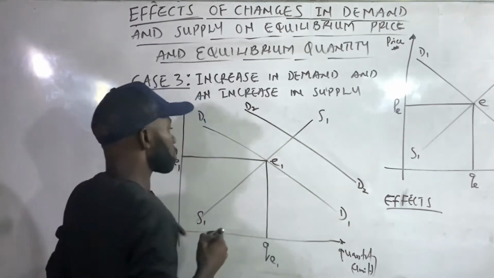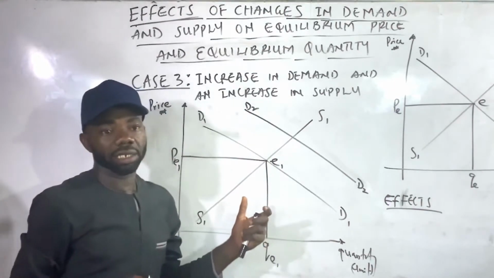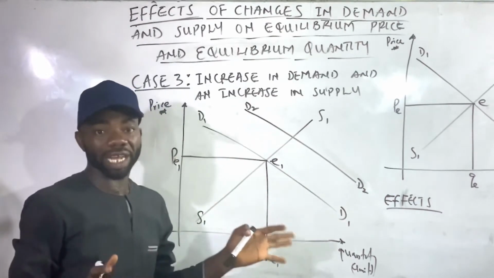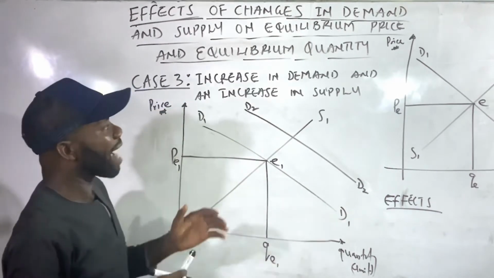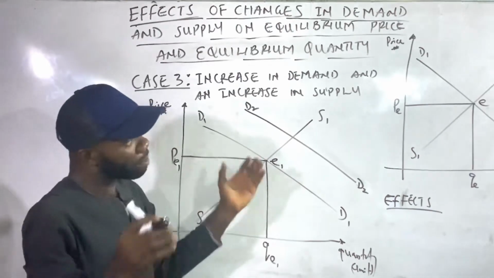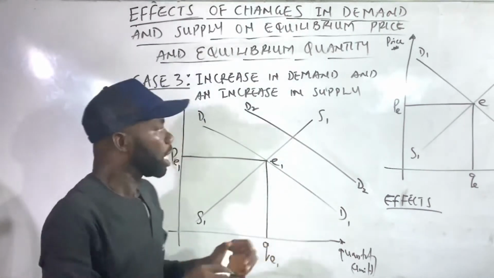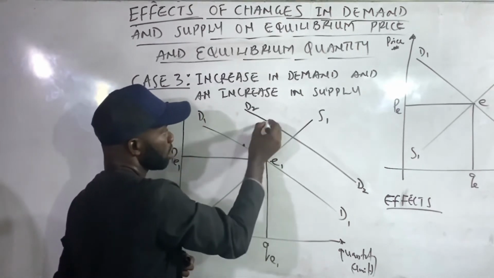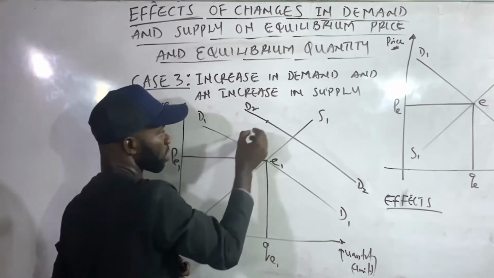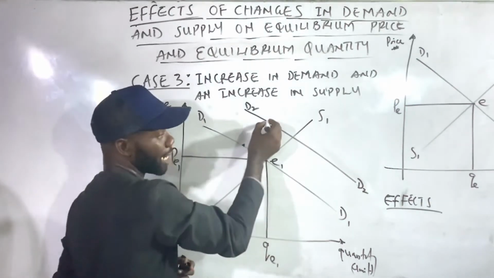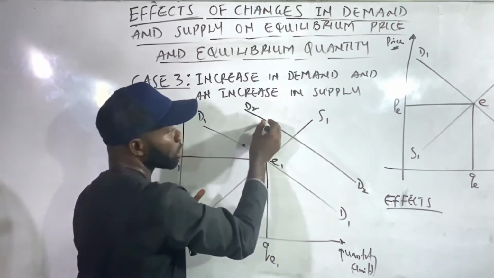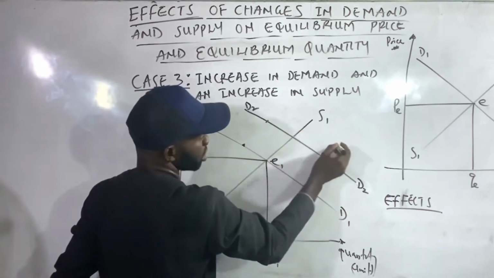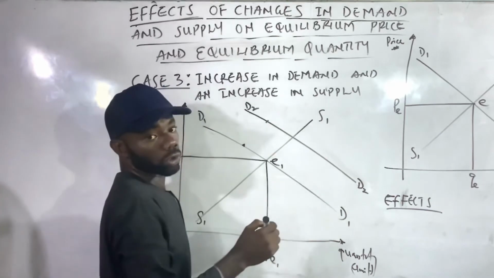D2. Now this is where the students need to be careful. A lot of students make this mistake and I want to correct it here. When we have to consider the shift from both demand and supply, please take note of the gap between the first demand curve and the second demand curve, or the new demand curve, and ensure that you have the same gap existing on the new supply curve also.